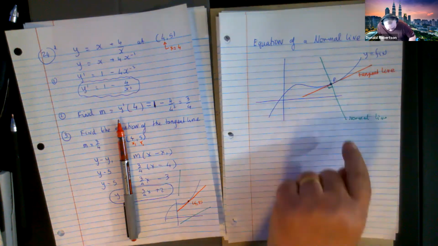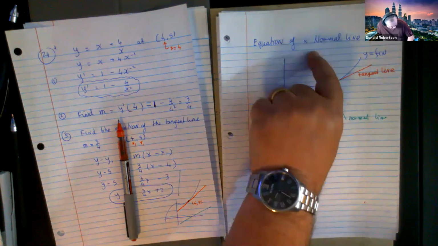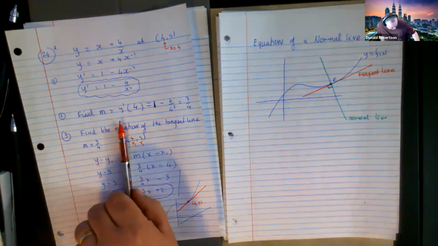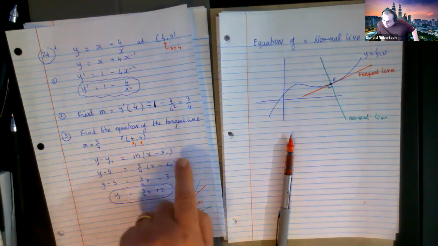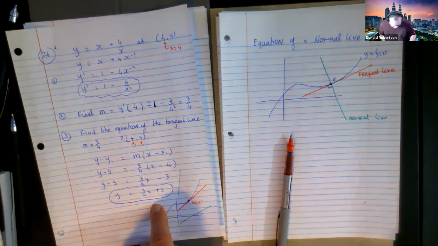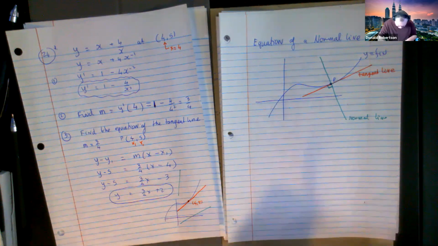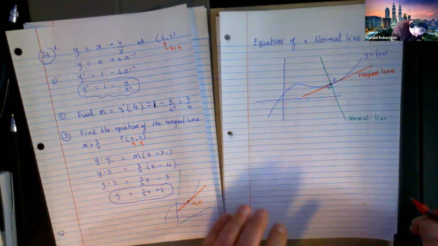So how do we find the slope of the normal line? Because if we know the slope of the normal line, can't we now say the slope is this number, it passes through this point, and then we just use this equation, right? Well, here is the property that we're going to use.